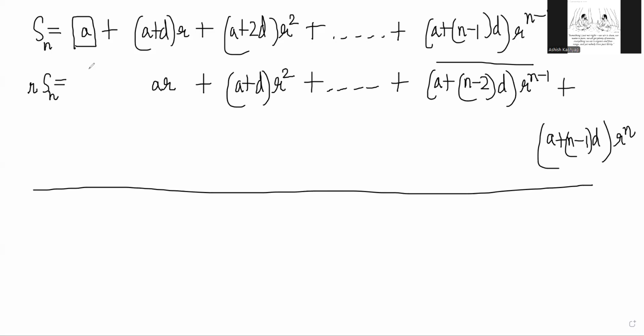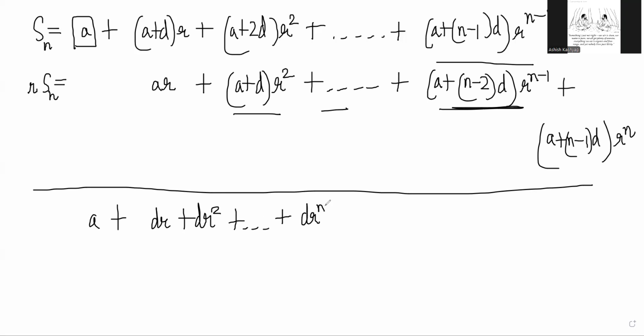Nothing happens to the first term because there is nothing to subtract, so A will remain. Here AR will get cancelled, DR will remain. Then DR square, then DR cube, and here what will remain is DR power n minus 1.